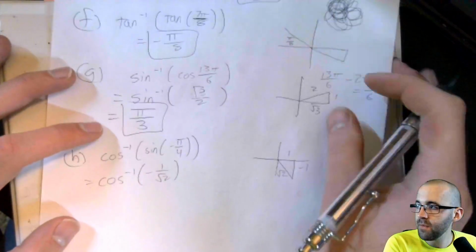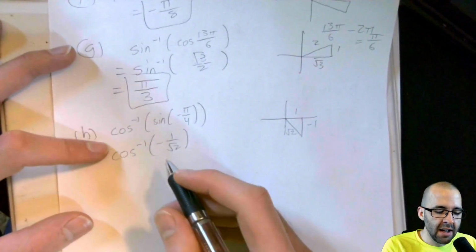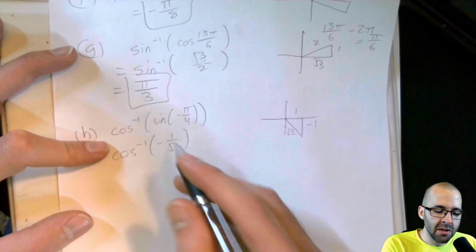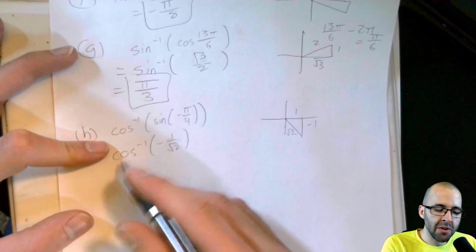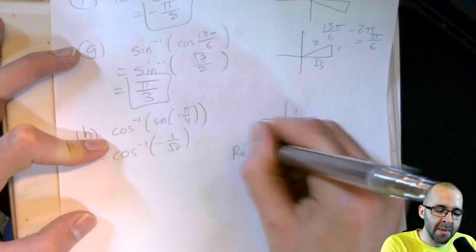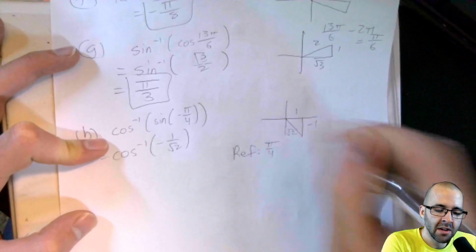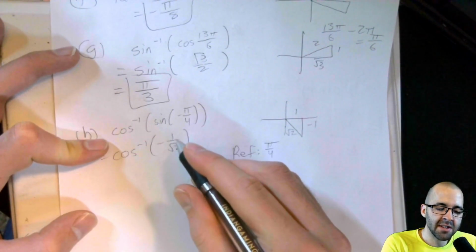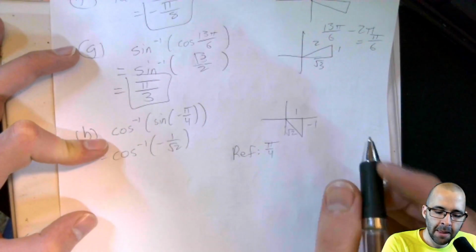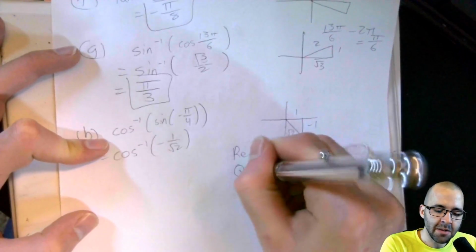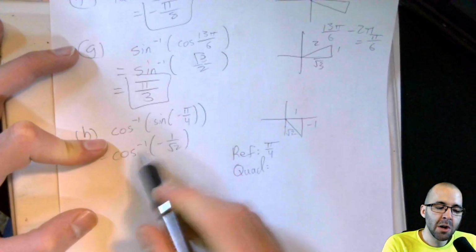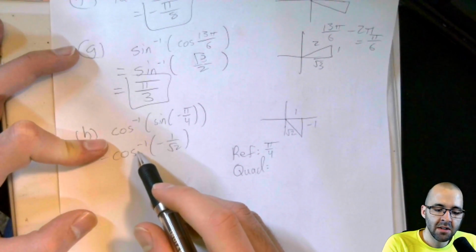All right. And now, what angle gives us 1 over root 2 when we take the cosine of it? Remember, you might want to go off to the side and say the reference angle is going to be pi over 4. It's the only way we get cosine of something being 1 over root 2. But then what quadrant do we need this to be in? Remember, cosine is the weird one.